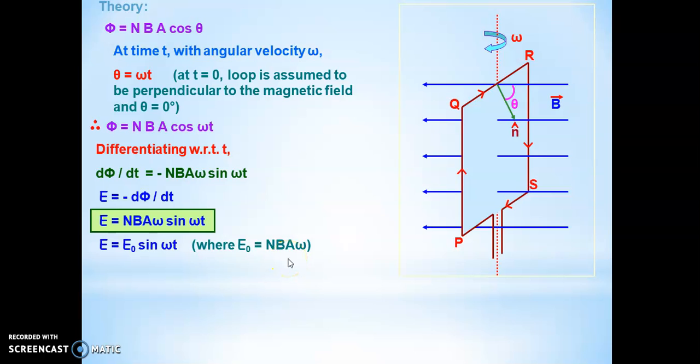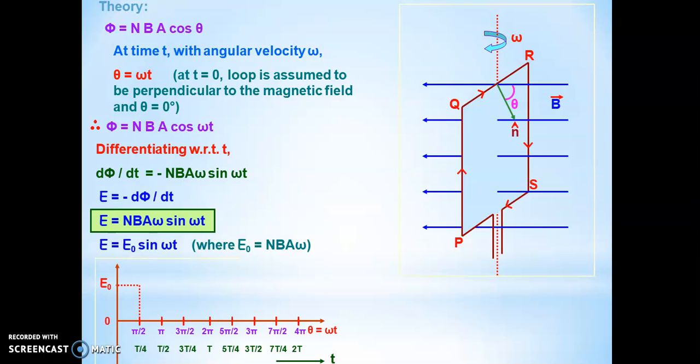And if you plot a graph between E and omega t, keeping this E naught fixed, what you get is that E is equal to E naught sine omega t, and this value you can always find at this angle, we are having pi by 2.